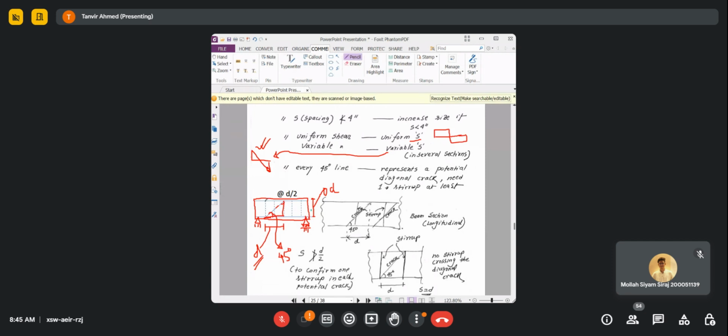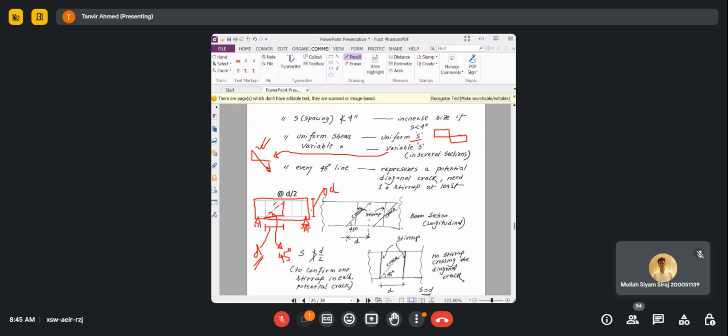Say for example you provided one stirrup at the beginning of this crack, and one on the other end of this crack. Then these two stirrups will not be effective to hold this crack. So what do you need? You need another stirrup in the middle to hold this crack from being opened up further.